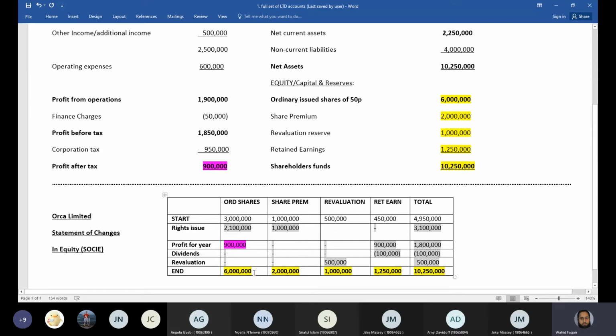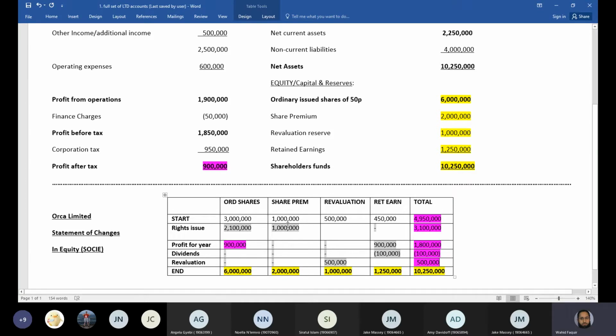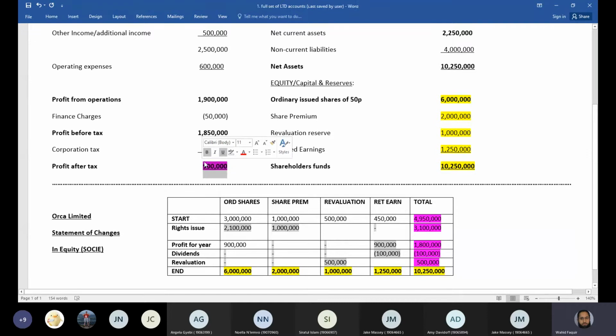And can you do this with your calculators now, please? Can you add across all the figures that are highlighted in yellow in the SOCI table and all the figures going down that are highlighted in pink, and see if they come to the same figure, please? Okay, so you've got your calculators out.